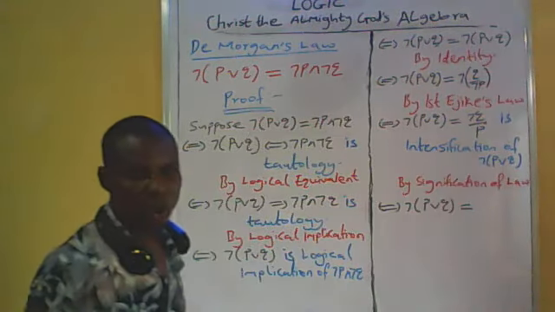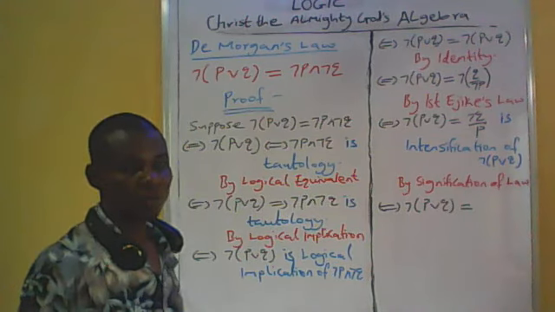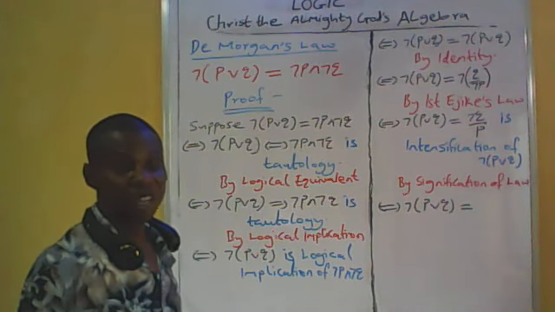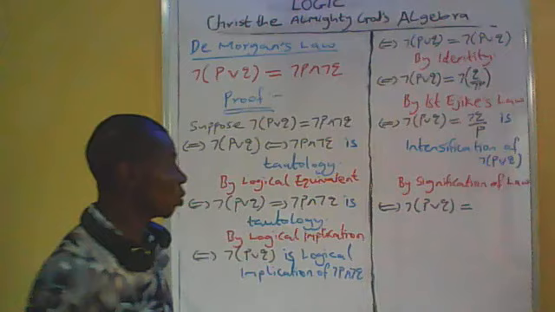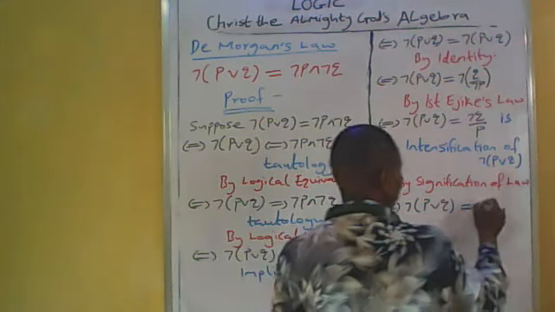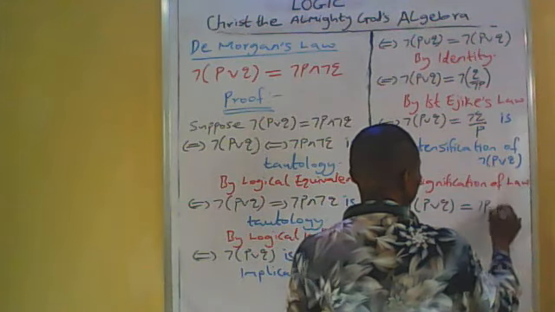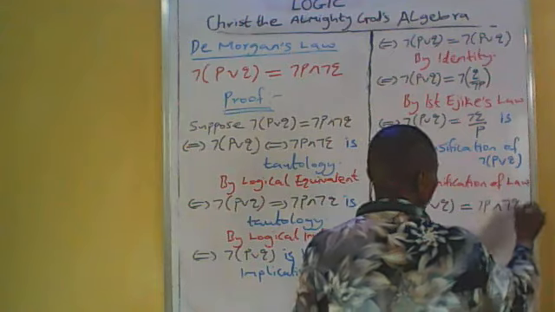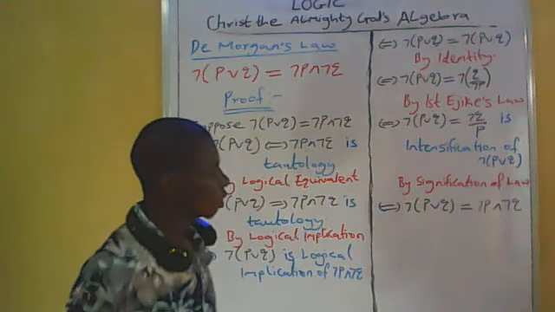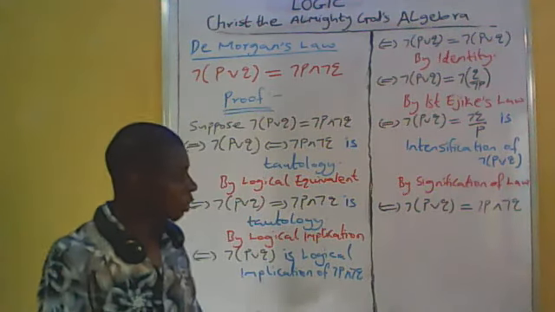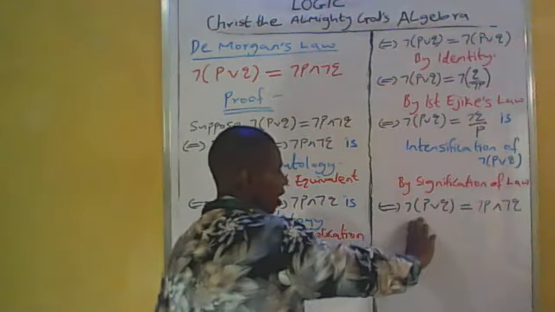It's going to be conjunctive because it has not been signified. So it's going to be not P and not Q. Being justified, it is now equivalent to this side.